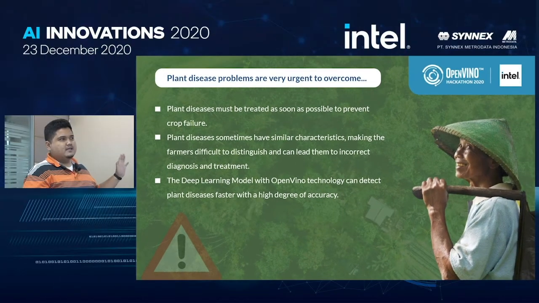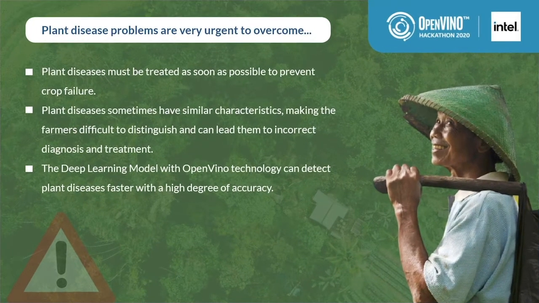So I think with this software we can also educate these farmers. Number three, a deep learning model with OpenVINO technology can detect plant disease faster with a higher degree of accuracy. We believe that using this solution, we can help these senior farmers overcome these problems.